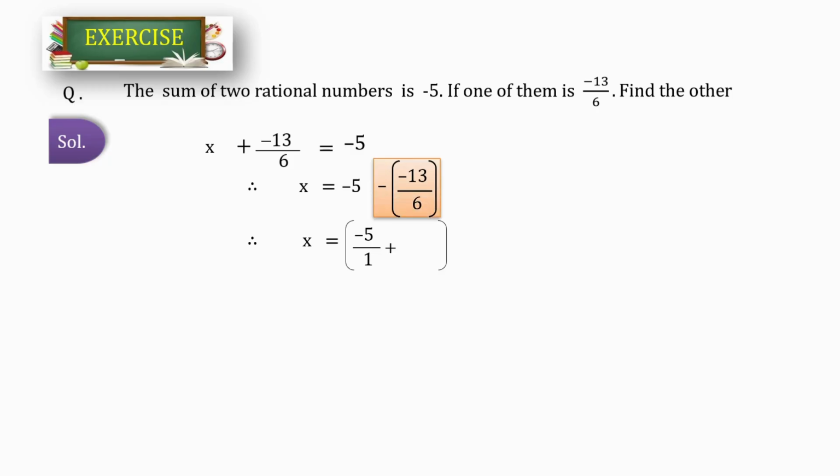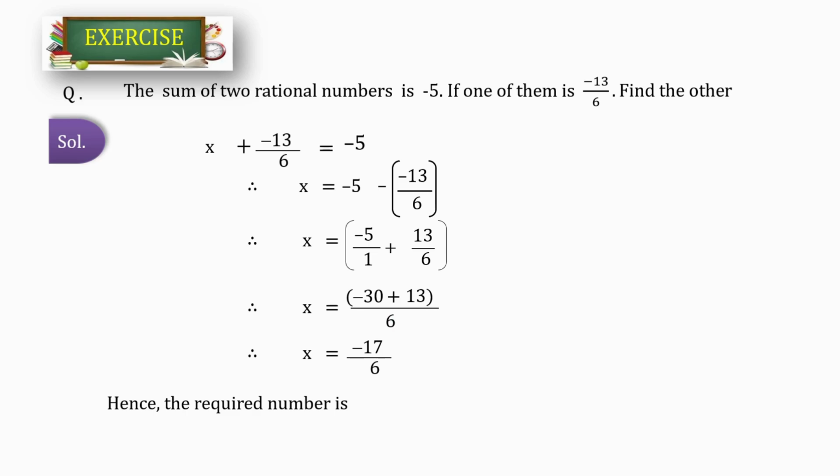Be careful about the sign, because whenever we are transposing, the sign will be changed. So we got the value of x as minus 17 by 6. Hence the required number will be minus 17 by 6.